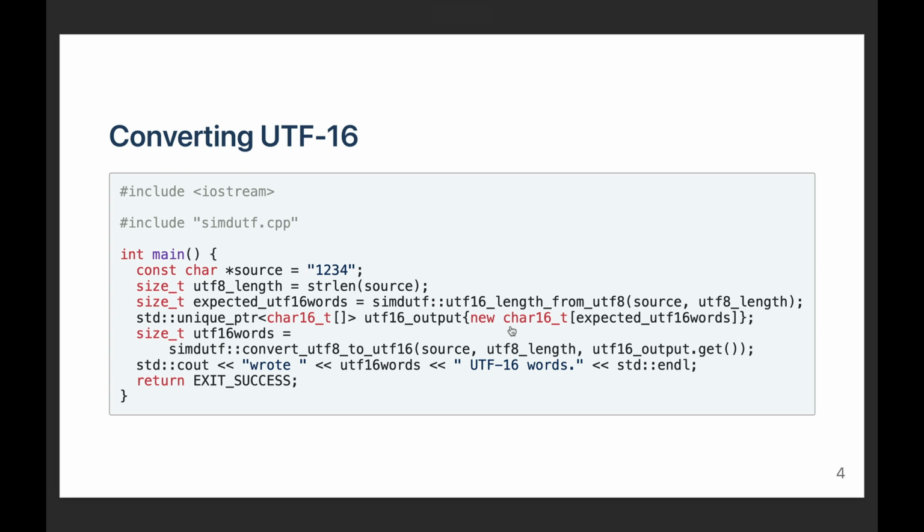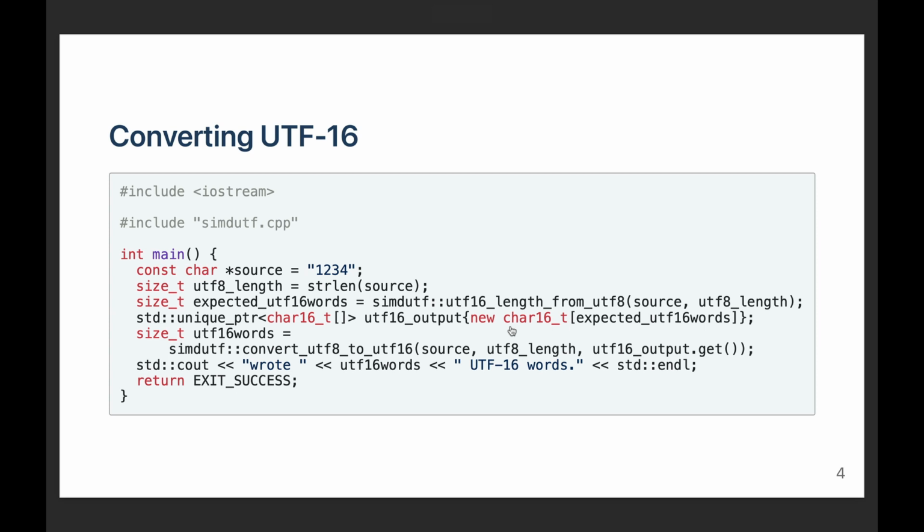In this case, I know it's safe because I've determined the correct number of 16-bit words that I would need using the UTF-16 length from UTF-8 function. I could also have allocated more memory, so this is just a strict minimum. If you point to a very, very large region in memory, that would be fine too.